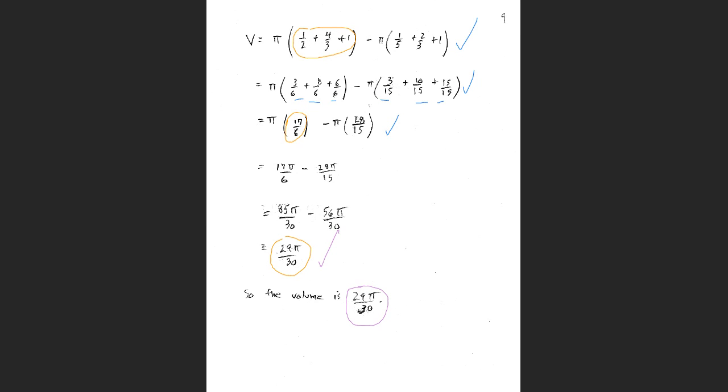It might not matter for one container of Jello, but if you're making a billion containers, your volume being off even just a little bit can add up to some money. So exact volumes are always desirable.